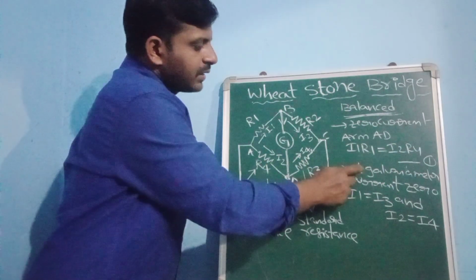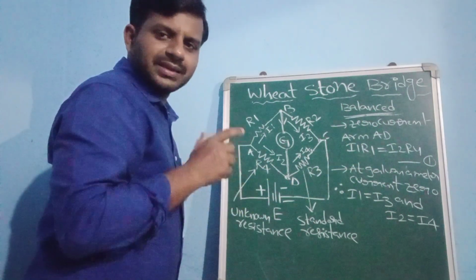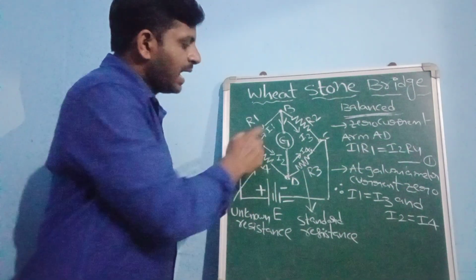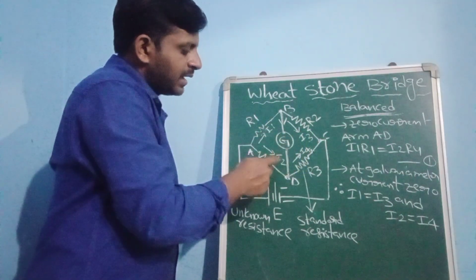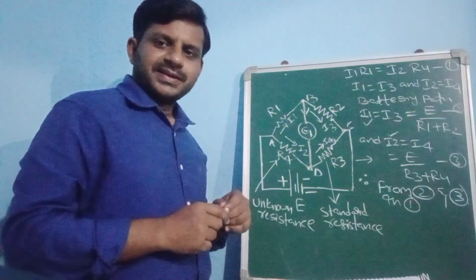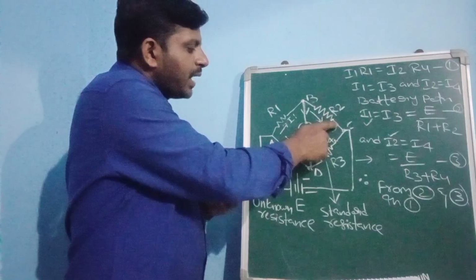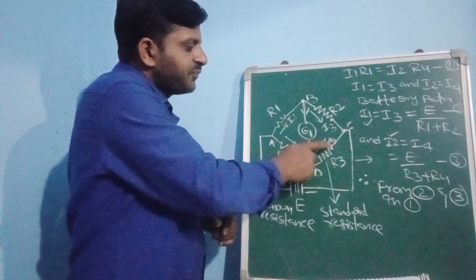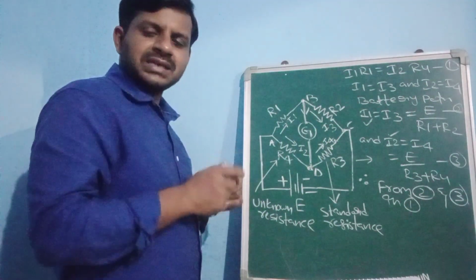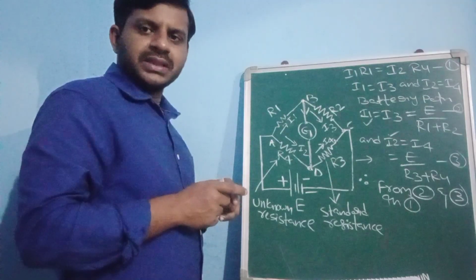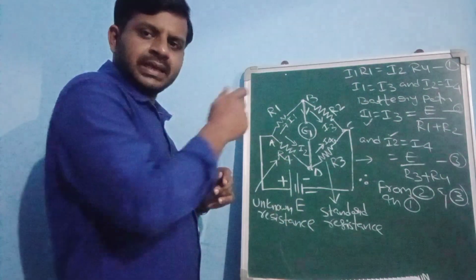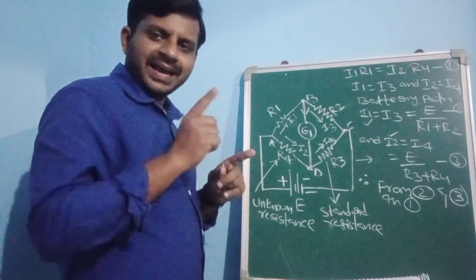And also, at galvanometer current 0, the currents are equal, like I1 is equal to I3 and I2 is equal to I4. That's why we can write, by considering the battery path here, I is equal to V by R according to Ohm's law.